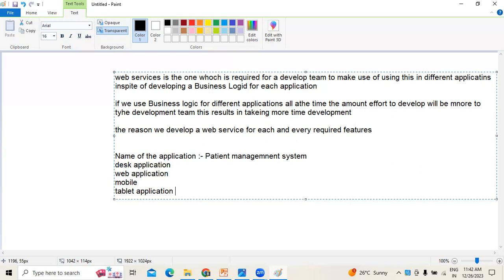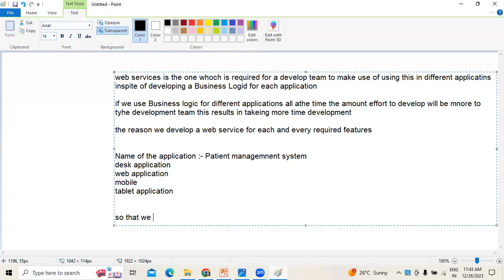So instead of that, what we can do is develop web services. This has an advantage with whatever the features are.